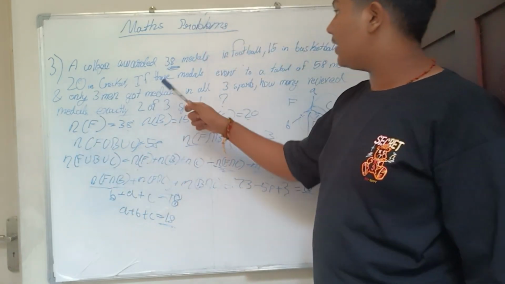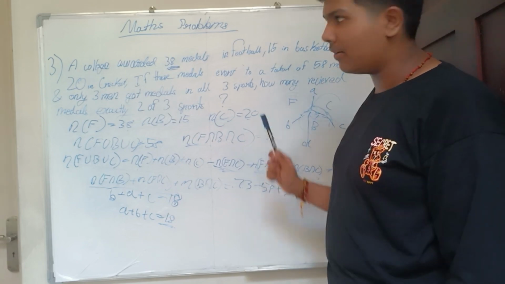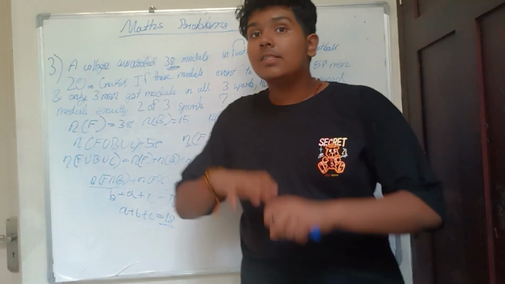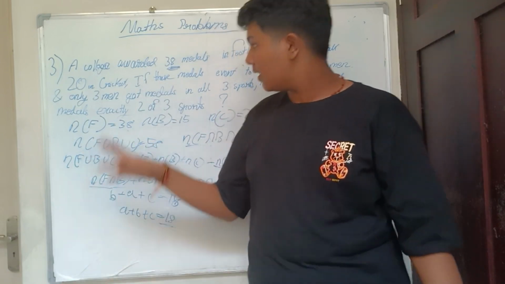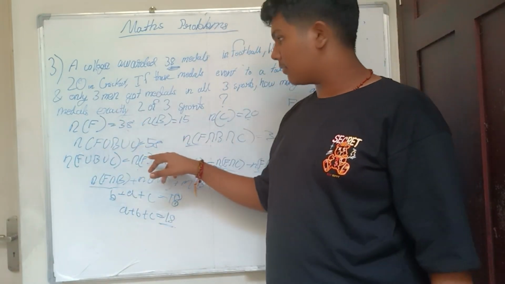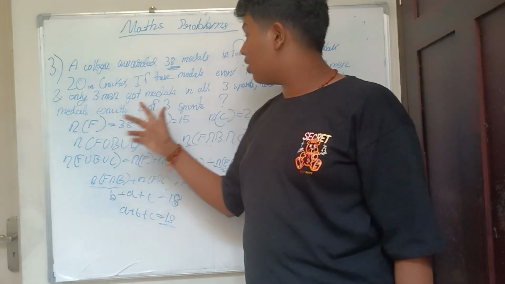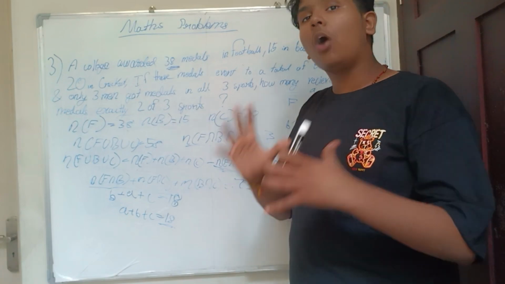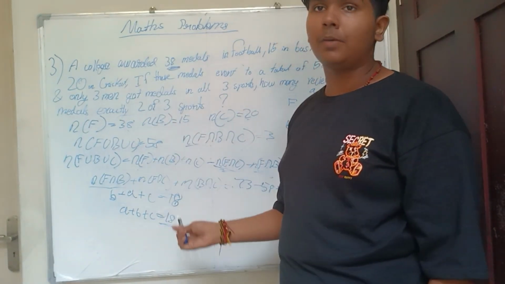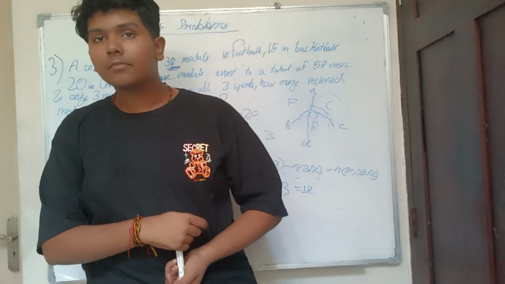If they give that these medals went to a total of 58 men, the total must be there. That means the union of those sets, the number of elements in that union set. If they give that only 3 men got medals in all 3 sports, that means the common part, the intersection part. I hope you found this easy to understand.